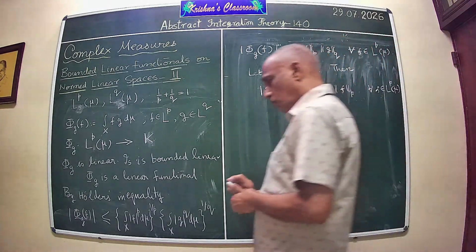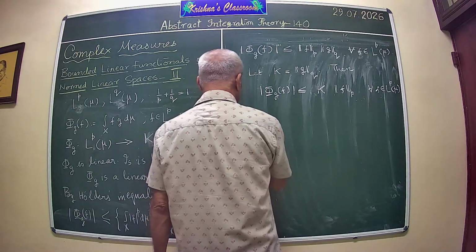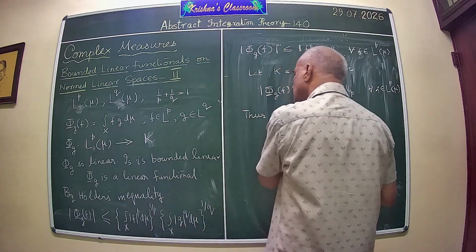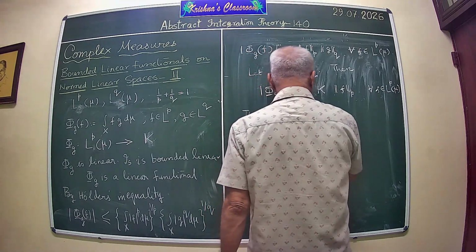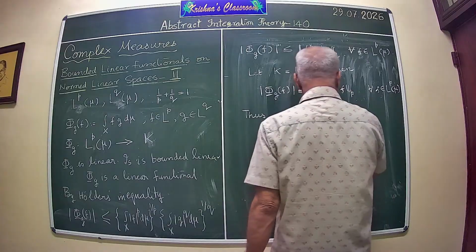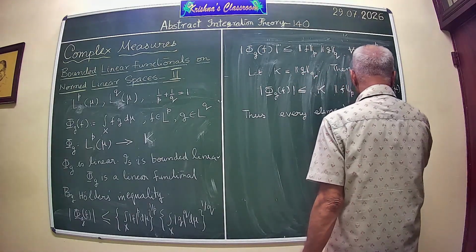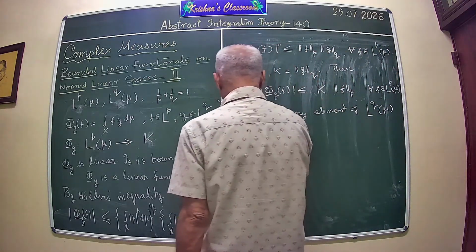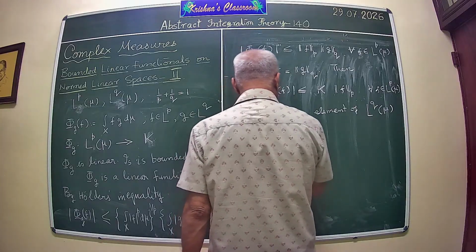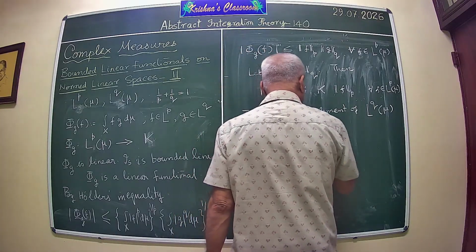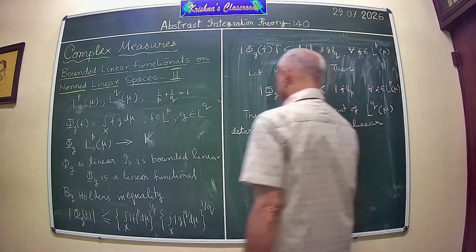Therefore, what we observe is that g determines a bounded linear functional.